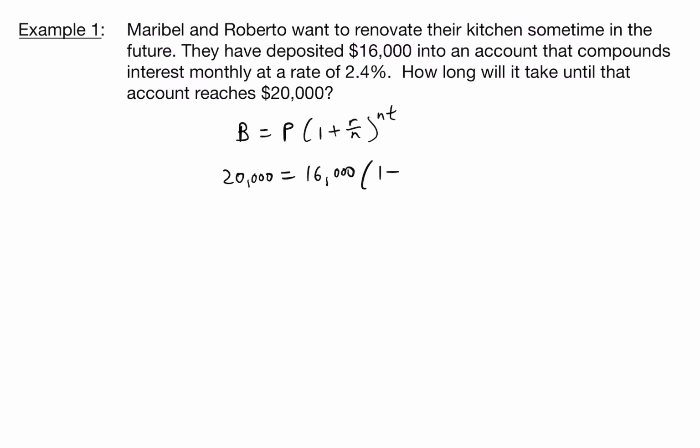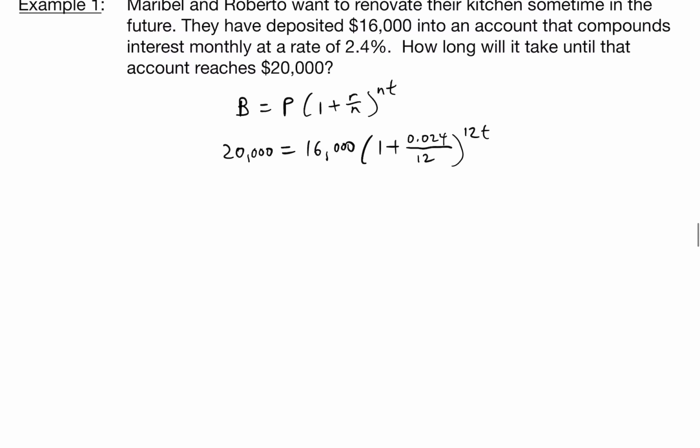The rate is 2.4%, so that's going to be 0.024. We're going to do this in decimal form, divided by the compounding frequency. We were told that it compounds monthly, so monthly means 12, and that's going to be raised to the compounding frequency times t. Now we're going to divide both sides by 16,000.